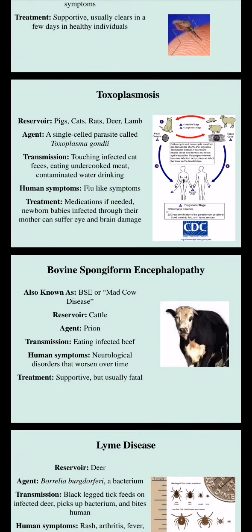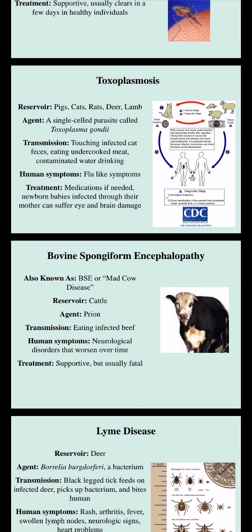The next disease is toxoplasmosis. Its source is pigs, cats, rats, deer, lamb. Most of the animals like pigs, cats, rats, deer, lamb. And its agent is a single-celled parasite called Toxoplasma gondii.